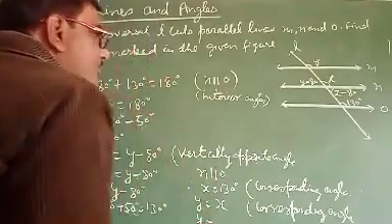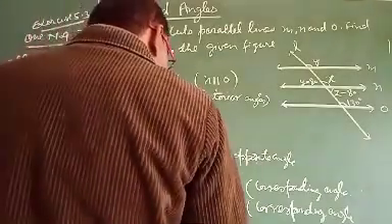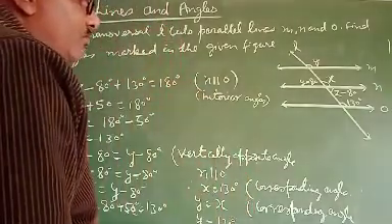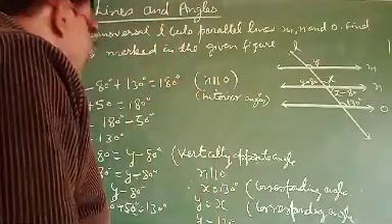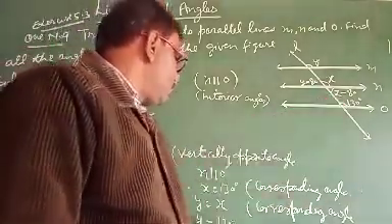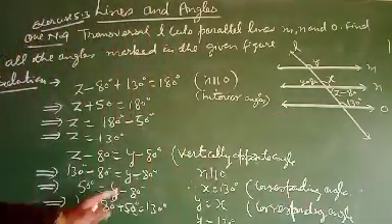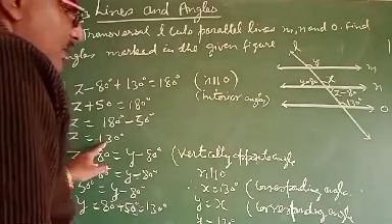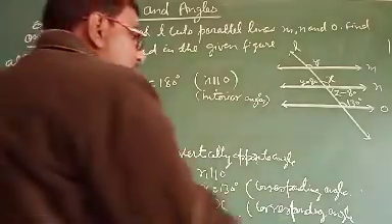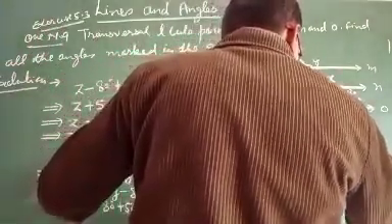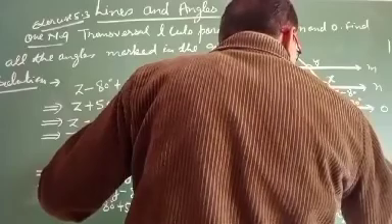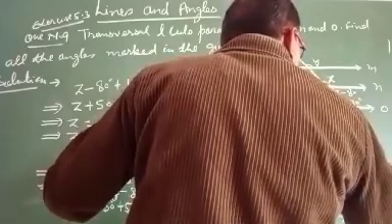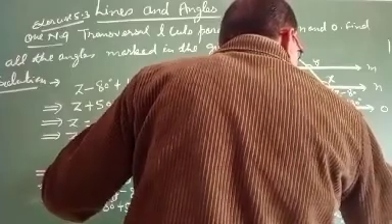Therefore Y equal 130 degree. Now value of Z equal 130 degree. Therefore Z minus 80 equal 130 degree minus 80 degree equal 50 degree.